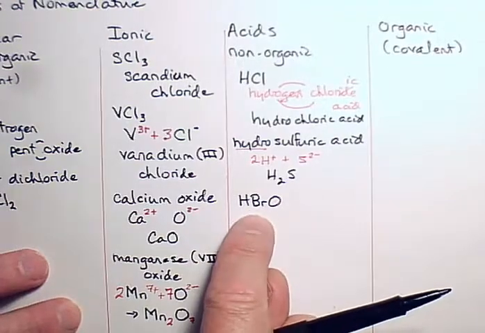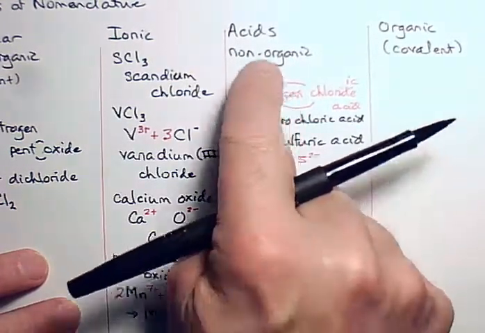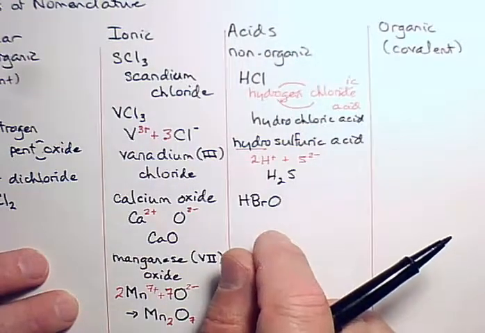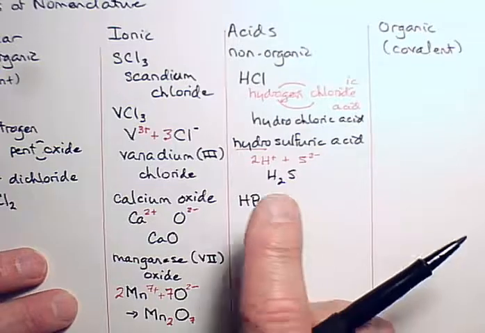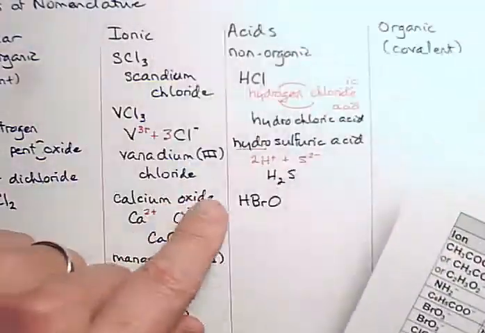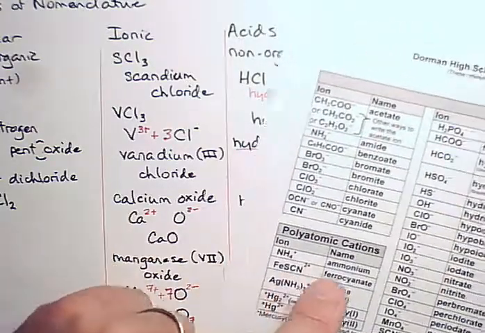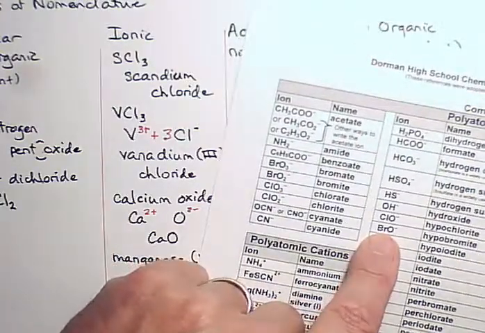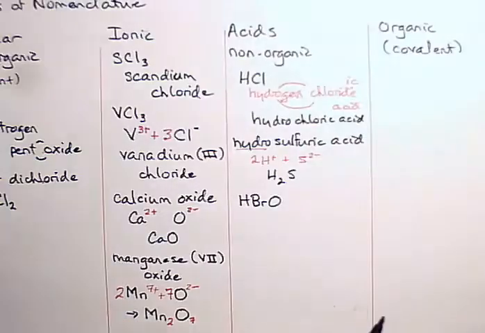That makes it the polyatomic ion acid, or the oxyacid. So we're going to look for some part of this formula that's on our common ions list. And BrO is hypobromite.